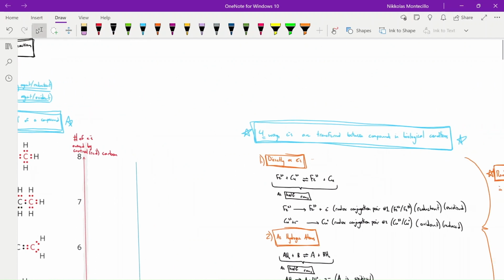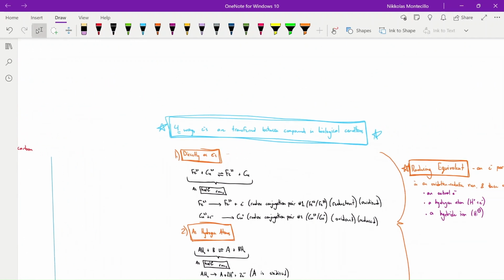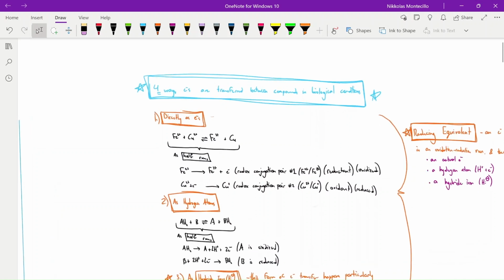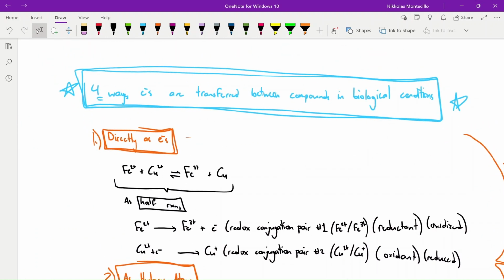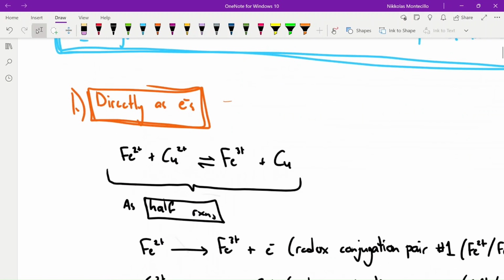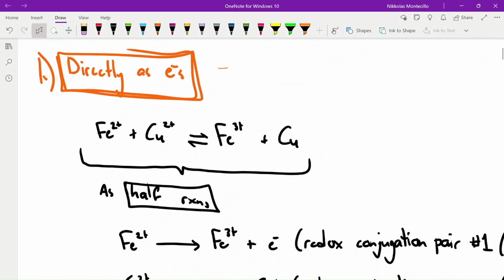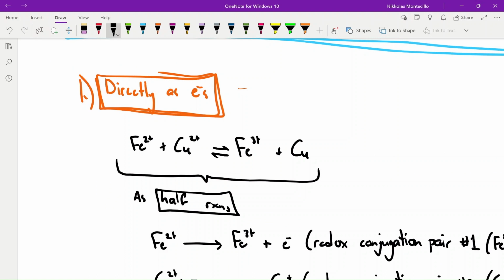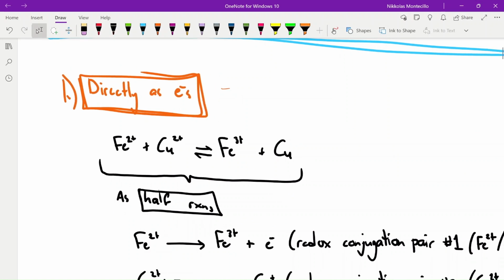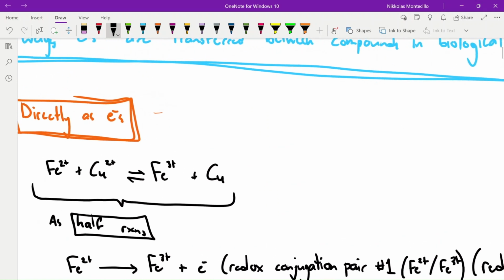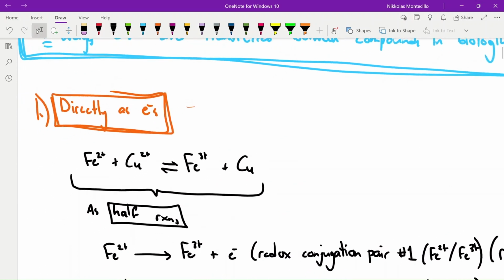Moving on, there are 4 ways electrons are transferred between compounds in biological conditions. The first way is that electrons are directly transferred as electrons. If we take a look at this example here, iron and copper participate in a redox reaction, but we have to think of these as conjugate pairs, where iron is the one being oxidized and copper is the one being reduced.